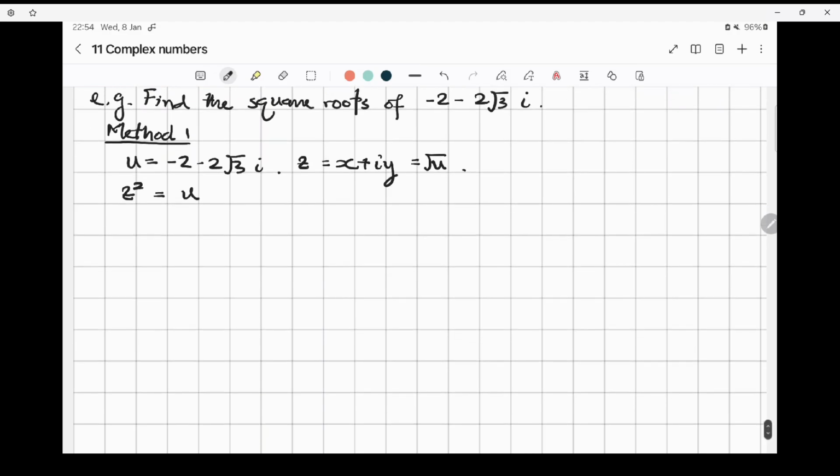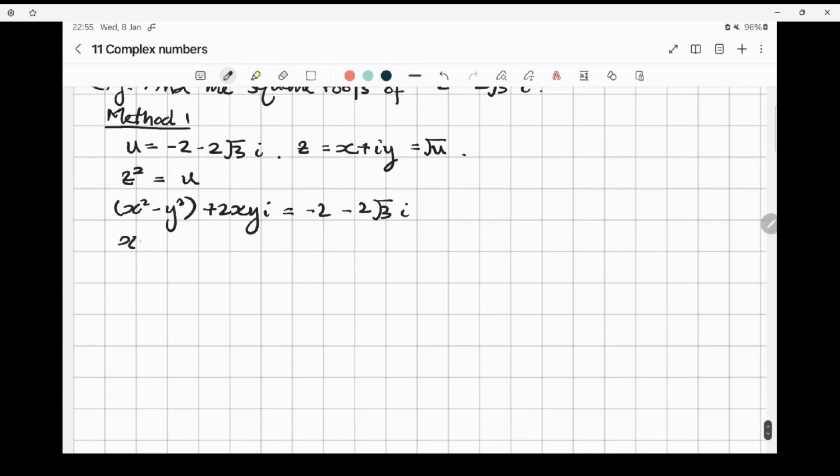So previously we already calculated z squared to be x squared minus y squared plus 2xyi, and u is minus 2 minus 2 root 3 i. So x squared minus y squared will be equal to minus 2. This is the first equation. 2xy equals minus 2 square root 3.